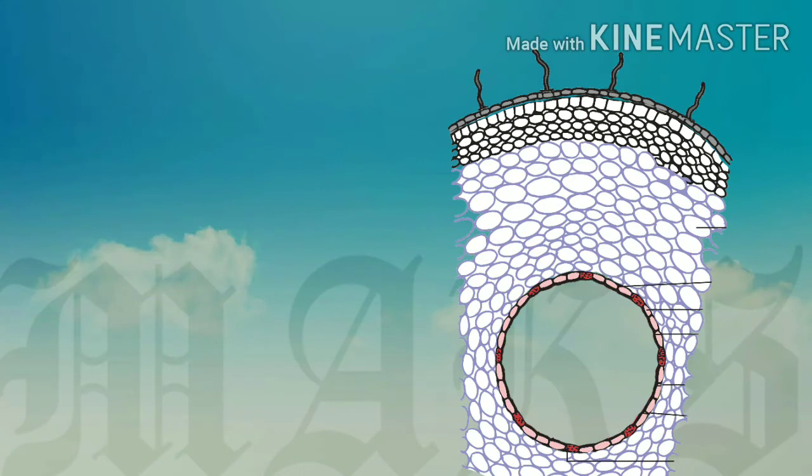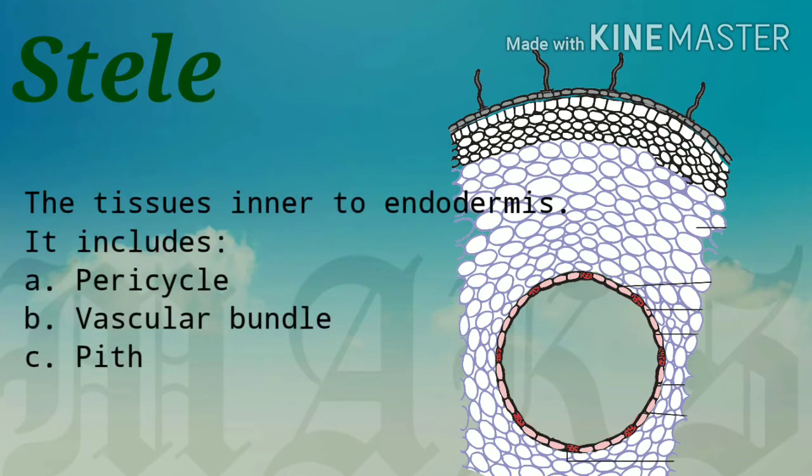The next part is the stele. These are the tissues which are present inner to the endodermis. The stele constitutes three tissues, that is pericycle, vascular bundle, and pith.